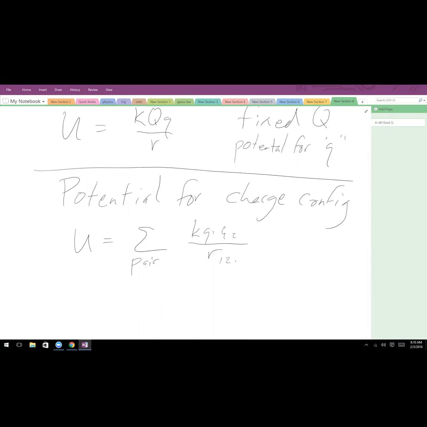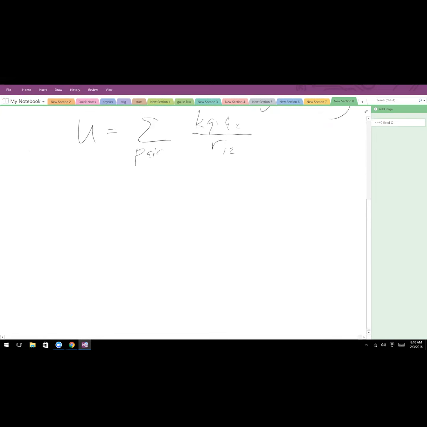So sure, let's do one just real quick. Let's say we wanted to put 4 charges all in a square, even though that doesn't look like a square, but pretend like they're all the same. So A and A. All right.